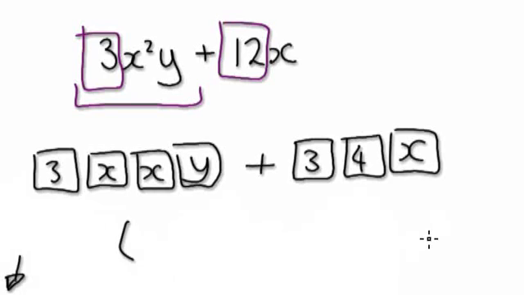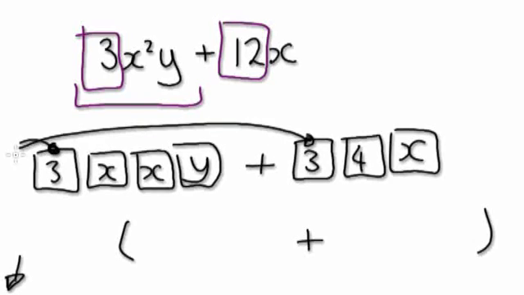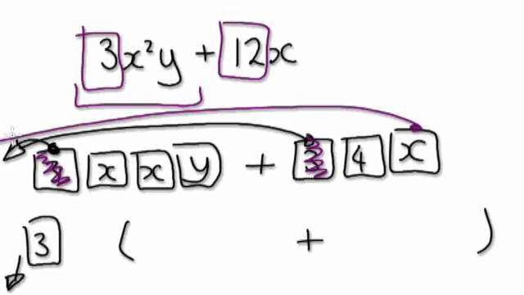Now look to see what's in common. What's in common is the 3 here. So we can take these 3s out, so it will be a 3 here. And what else? Just the x. Let's take the x out.